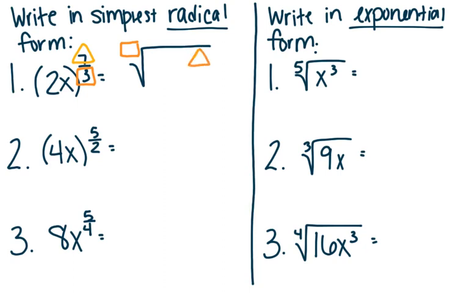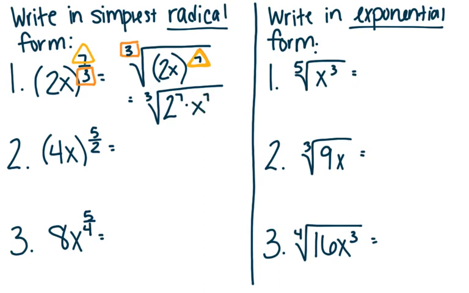Oh, that's supposed to be yellow, sorry. Alright, and now we're just going to write the other stuff. Okay, so the 2x goes together in parentheses. 7 goes in the triangle. 3 goes in the square. And now I'm going to simplify it a little bit. So this is going to be the cube root of 2 to the 7th power and x to the 7th power.